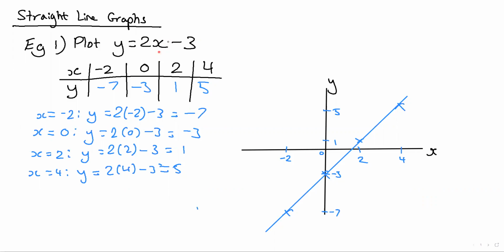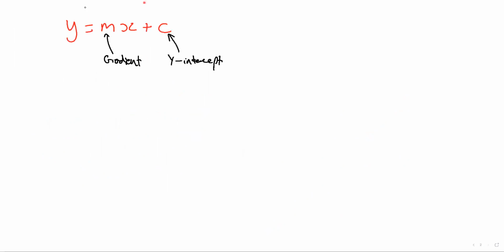So every x value gives us a corresponding y value of the points on this line. And that's why this equation is so useful, because once you find out the gradient and the y-intercept, you can just put in values of x and get values of y, or put in values of y and get values of x. So it's really useful.